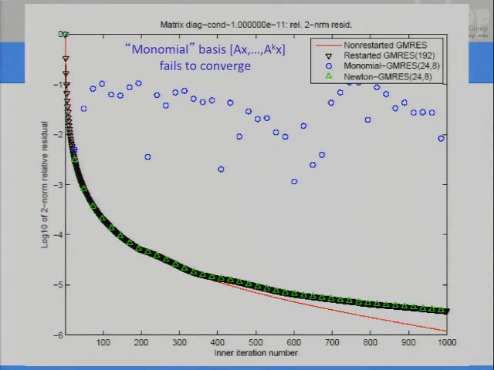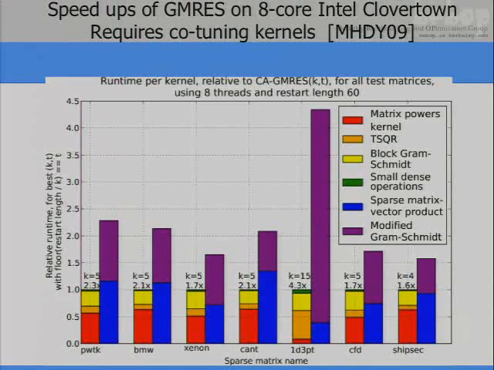Okay, so what are the final speedups when we put it all together? This is running that GMRES algorithm on an 8-core Intel Clovertown, on a whole bunch of different sparse matrices, and it's optimizing everything. So I had to optimize the kernel that computed Ax, A squared x, A cubed x.